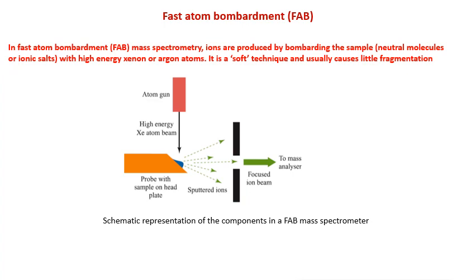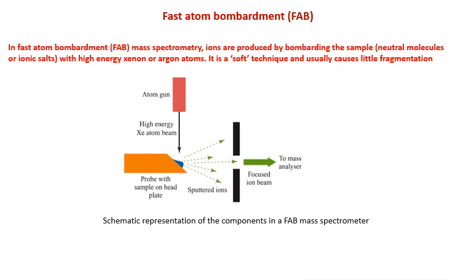Now coming to the setup, the principle, how to operate this technique. This is a schematic representation of the components in a FAB mass spectrometer, and you can see the different parts shown here. The sample to be analyzed is mixed with a high boiling point liquid matrix.